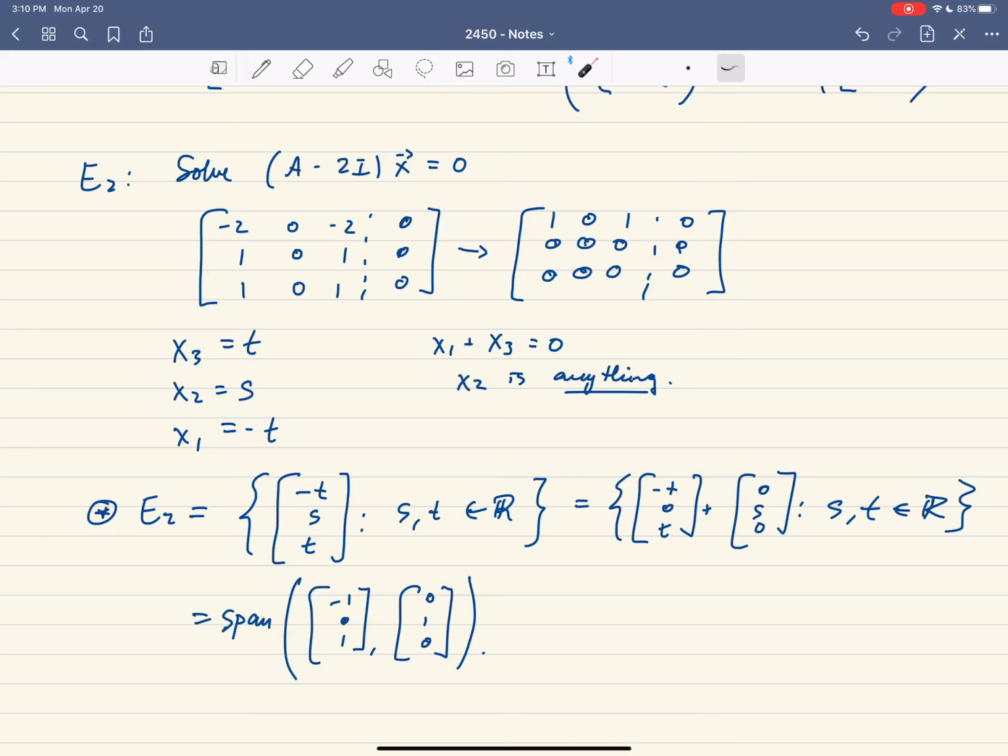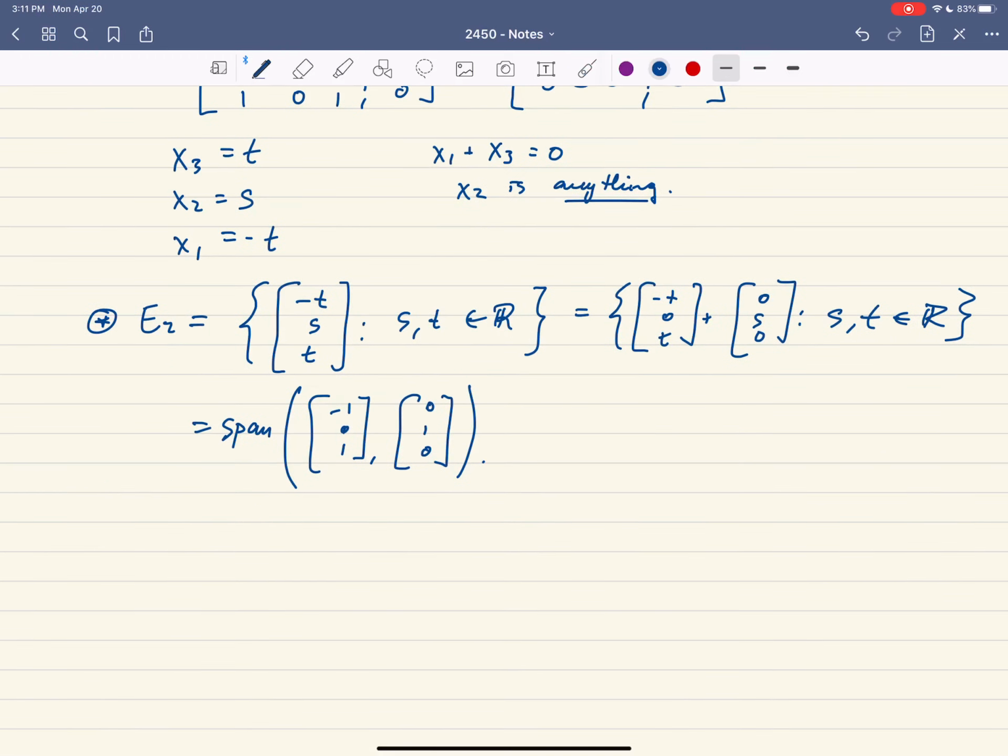So I should just add that the dimension of E sub lambda is going to be less than or equal to the multiplicity of lambda, where the multiplicity is, again, the power that you have for lambda minus whatever value in your characteristic polynomial. So the dimension of the eigenspace always is going to be less than or equal to the multiplicity of lambda.